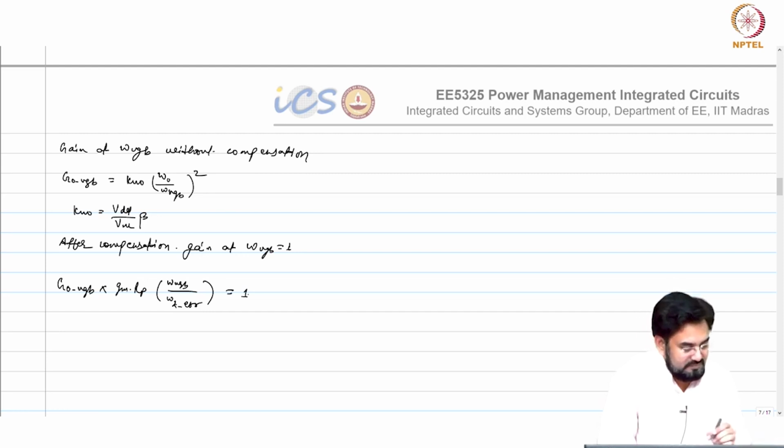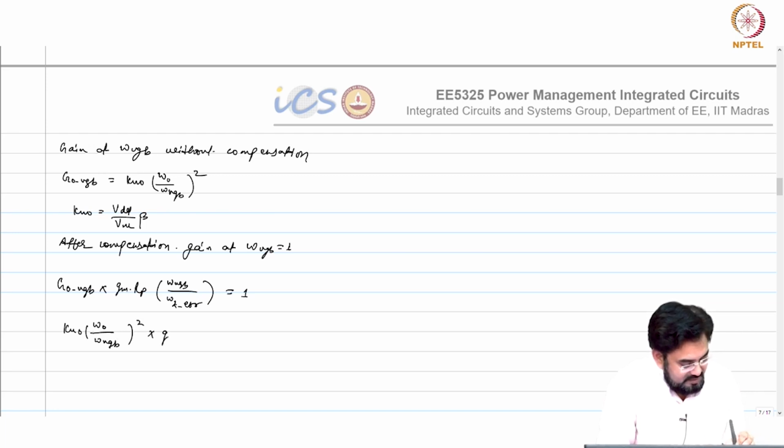Correct. Now substitute these values and what you get here: Ku naught, omega naught over omega UGB whole square, into GMRP, into omega UGB over omega Z ESR, equal to 1.